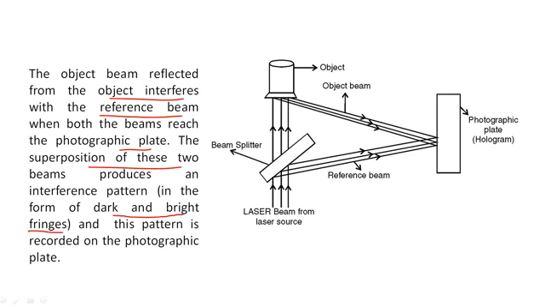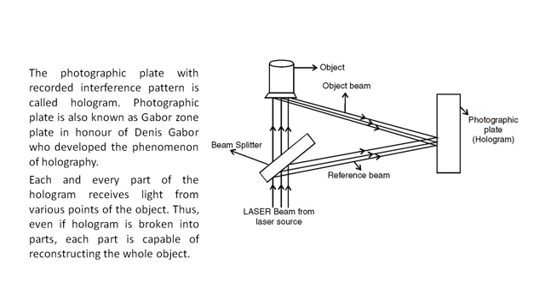About the fringes, you must have learned in the interference part in your lower classes, and this pattern is recorded on the photographic plate. The photographic plate is the plate which records the information of the photons. That's why it is known as a photographic plate, and it acts like a hologram.